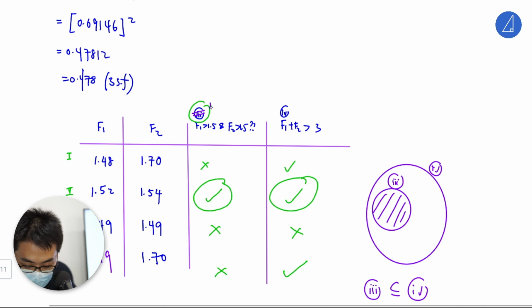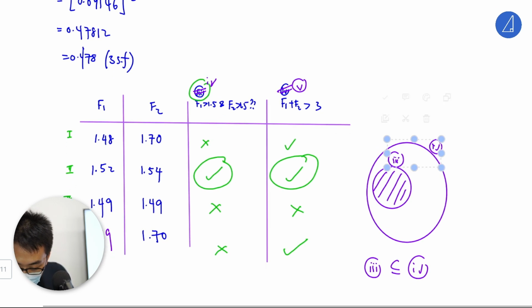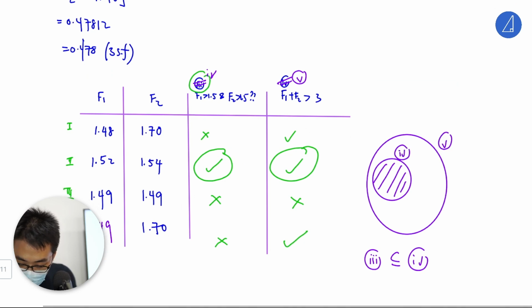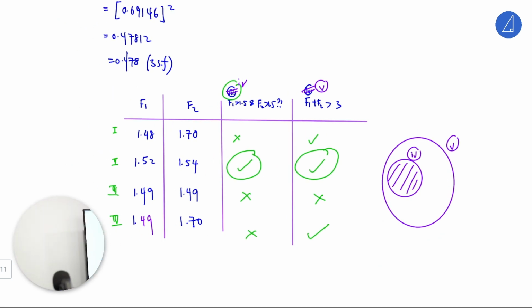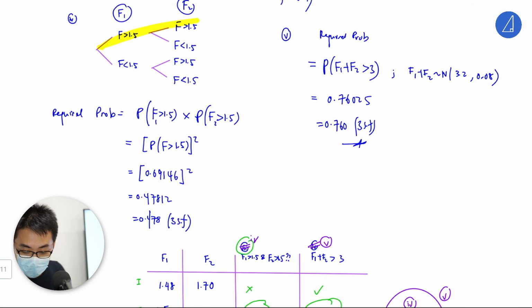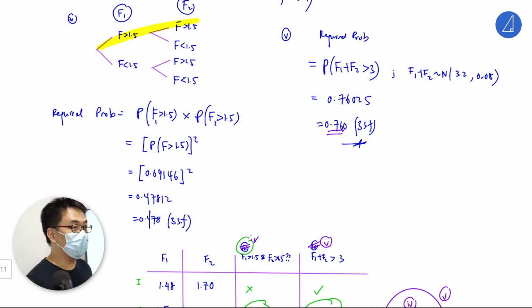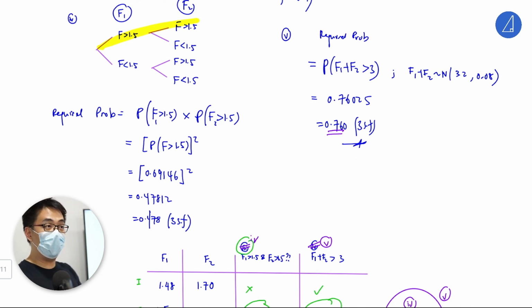This is 4 and this is 5. So you expect the answer in part 5 to be bigger than part 4. It's not surprising that part 5 is 76% and part 4 is only 47.8%. The question is asking you why the part 5 answer is bigger than part 4.